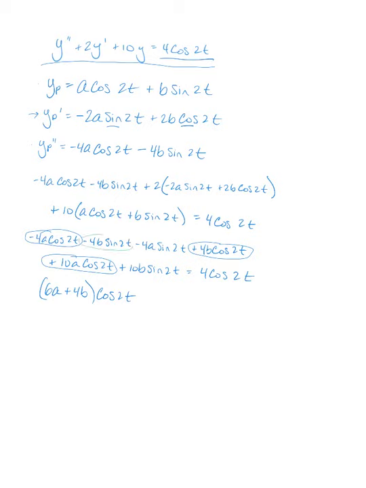I've got this one, and this one. Negative 4b minus 4a plus 10b. So I have a minus 4a, and then minus 4b plus 10b is plus 6b, all times sine 2t, and that has to equal 4 cosine 2t plus 0 sine 2t. So I'm adding a sine term so that I can equate the coefficients of the cosine and the coefficients on the sines.